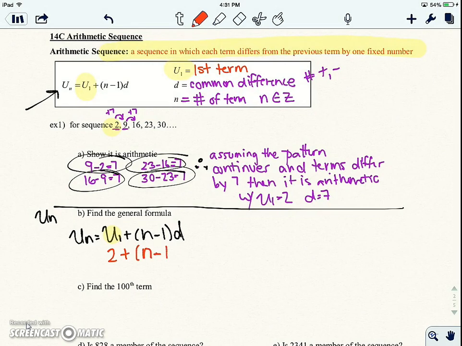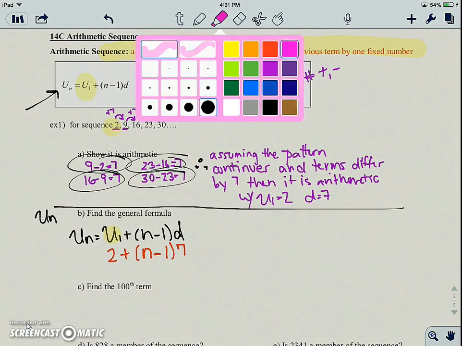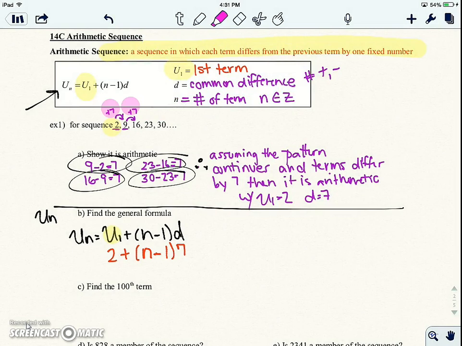If we want the fifth term, that's where we put 5 in for n. And d is the common difference, which is 7. Okay, we could see that it was changing by 7. So we put that right there. And we still have u of n because that's basically the function. And now all we have to do is simplify.